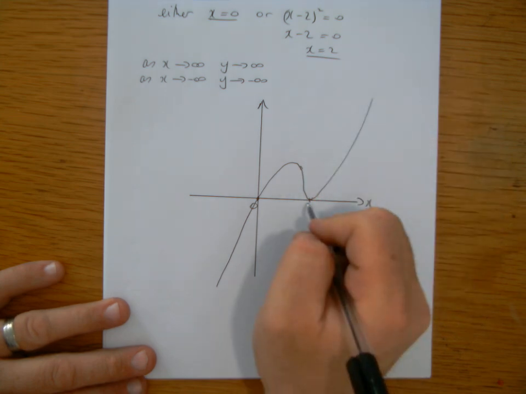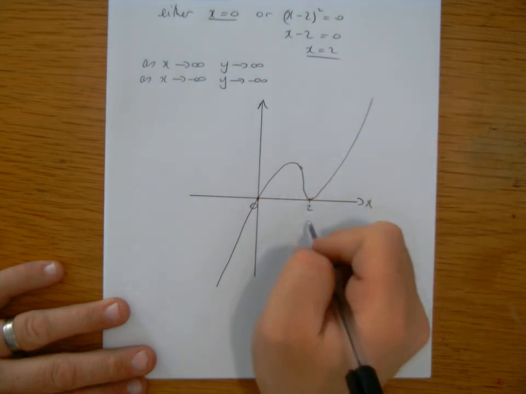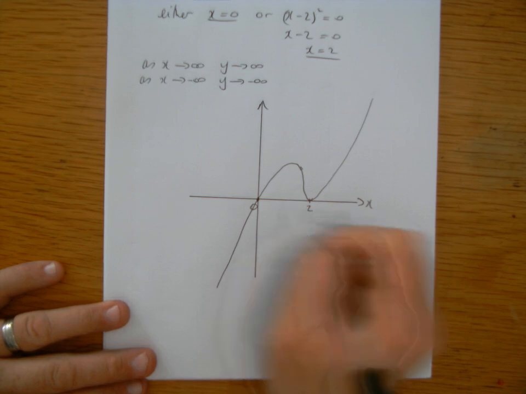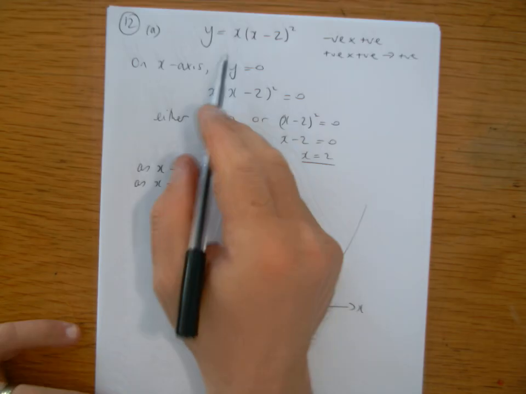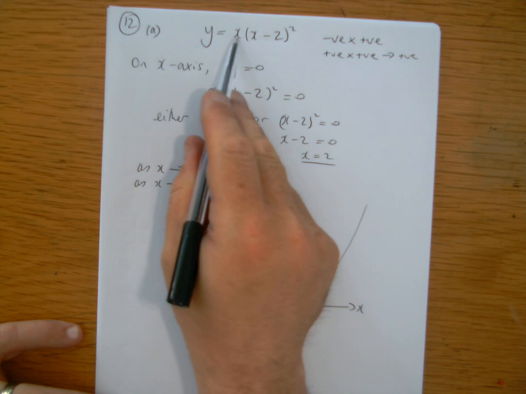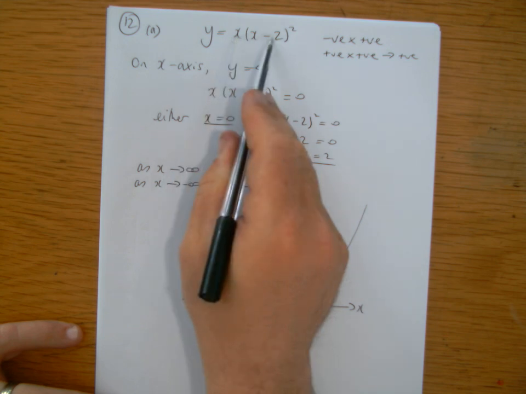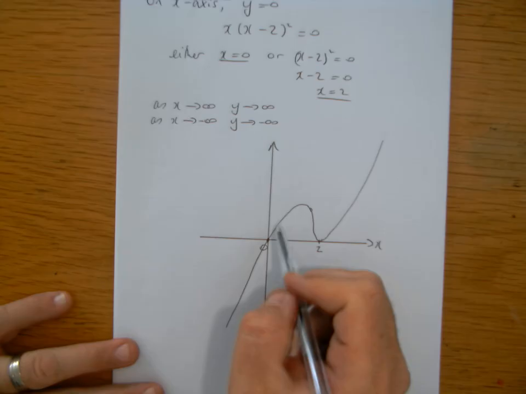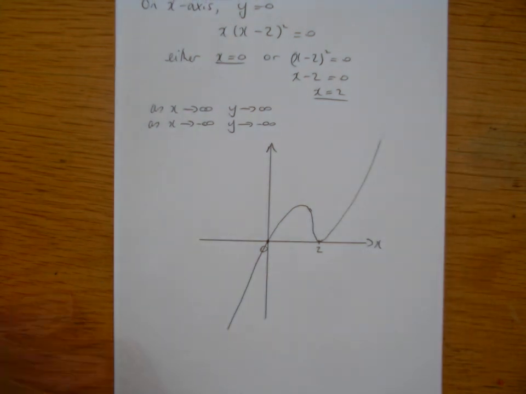I know that's the case there because it cannot be negative. When x is positive, think about it, that's positive, it cannot be negative, so I know it's going to shoot off then to positive infinity. And there's your graph there, there's your sketch.